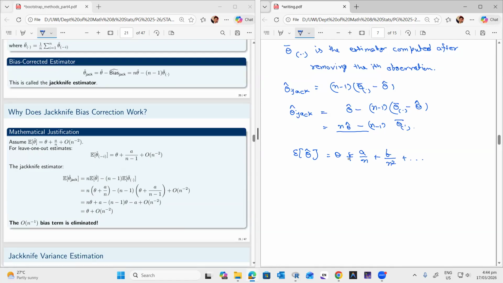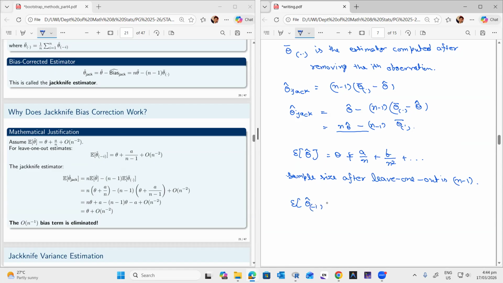Consider the expectation of a leave one out estimate based on a sample size n minus 1. Okay, because you are going to remove one observation, so what will be the sample size at that time? The sample size after leave one out is n minus 1. So what will be your expansion at that time of expected value of theta cap?